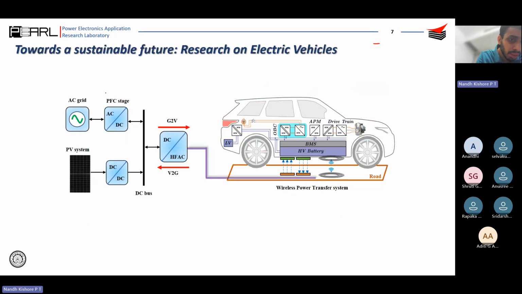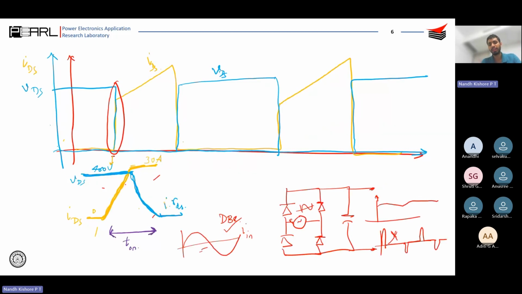And in these PFC stages, you generally have WBG devices. I'm not going to go into the topology because this course is obviously not on that, but you understand that it will convert AC into DC while maintaining a sinusoidal input current instead of a peaky current, because a capacitor draws a peaky current, it will not draw sinusoidal input current, obviously.